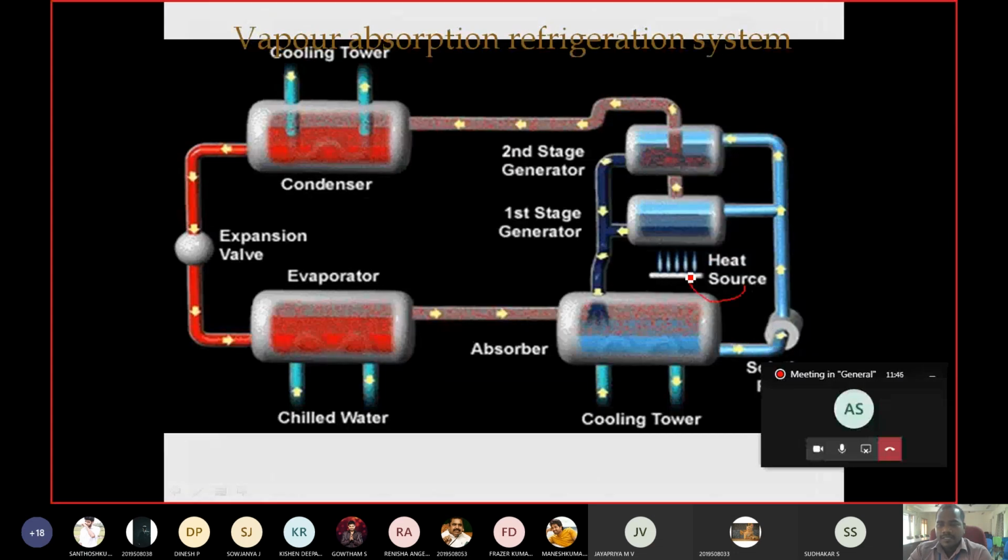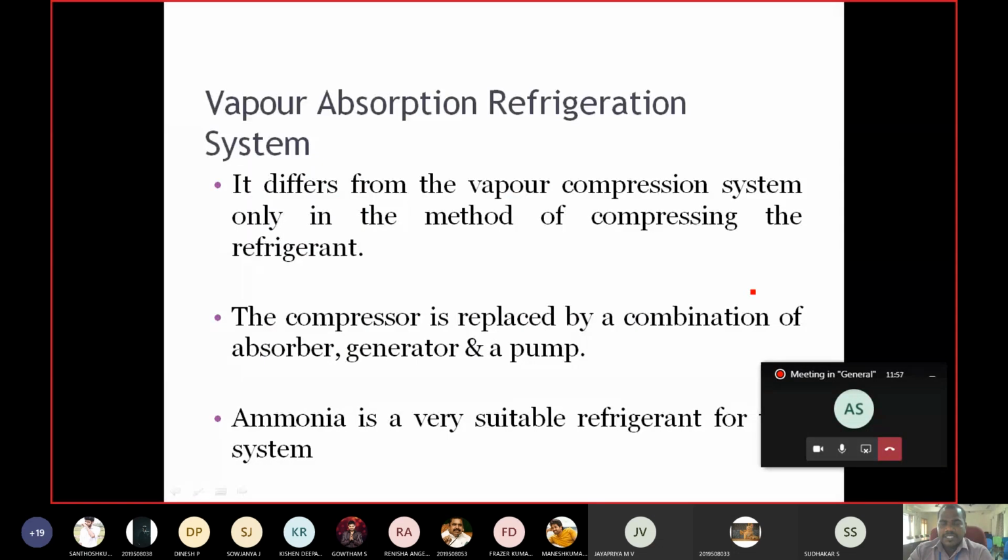Here you can see we can give the heat source as an input in the vapor absorption refrigeration system. The vapor absorption refrigeration system differs from the vapor compression system only in the method of compressing the refrigerant. In the VCR we use a compressor to get the compressed refrigerant.